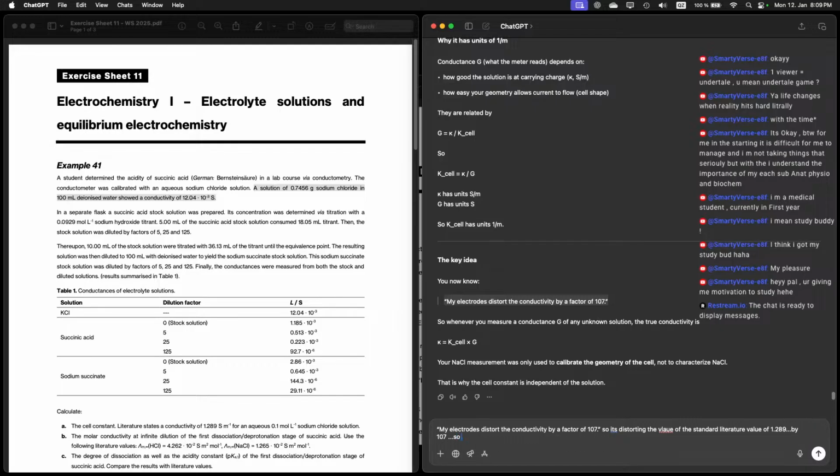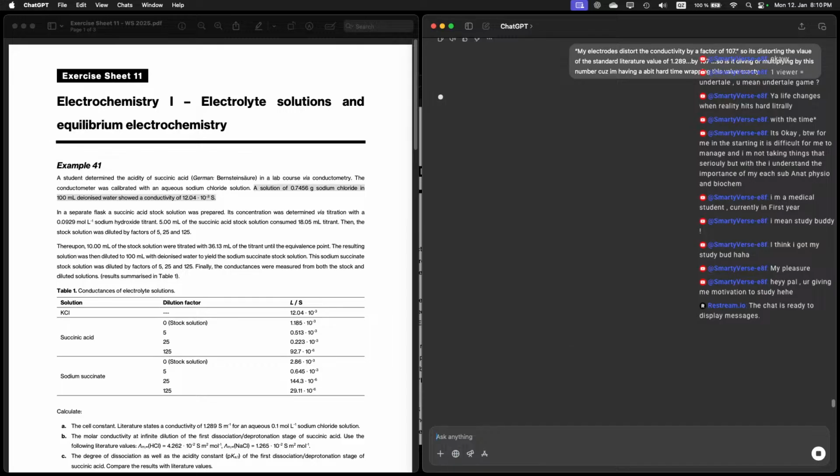So is it dividing or multiplying? Exactly.